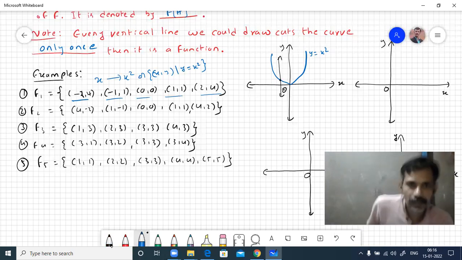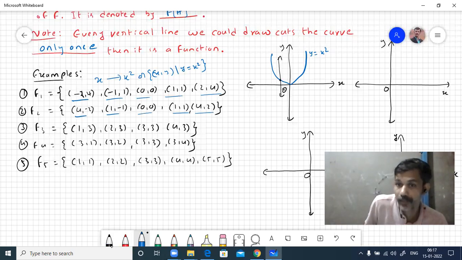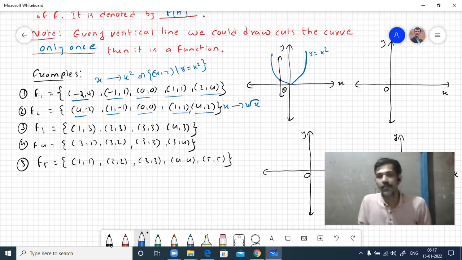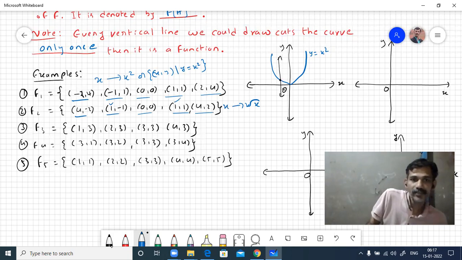Next, if you write the inverse of this relation: (4, 2), (1, 1), (0, 0), (x squared, x), (4, -2). Here x maps to root x, but the problem is that the first elements are repeating. We cannot have this.